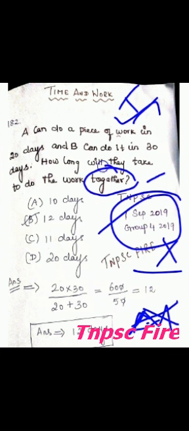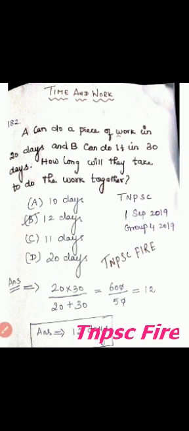If they ask for B alone or A alone, you subtract the values in the denominator. Shall we move on to the problem? Then you will be clear and never get confused.